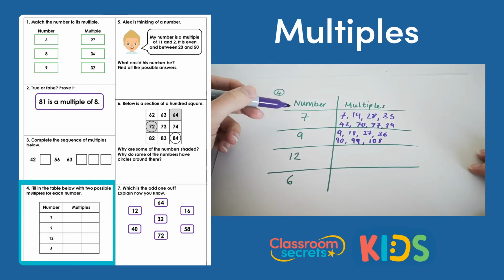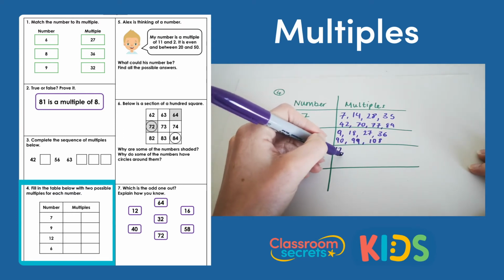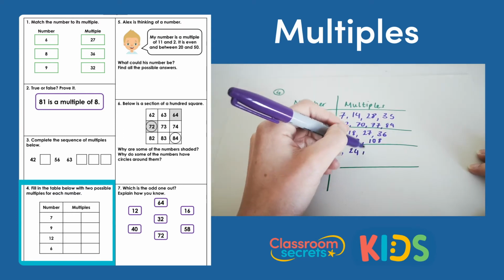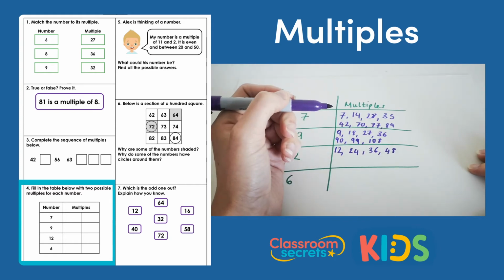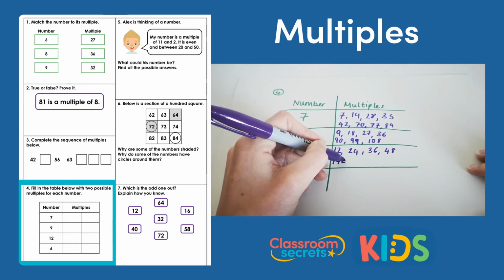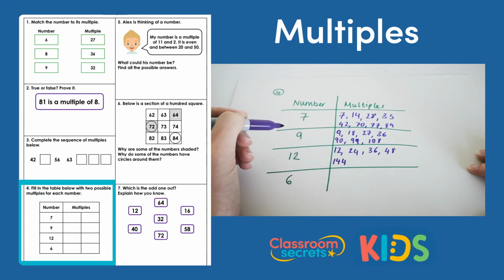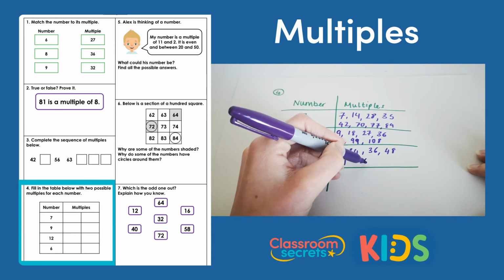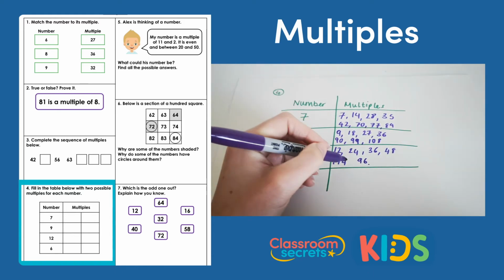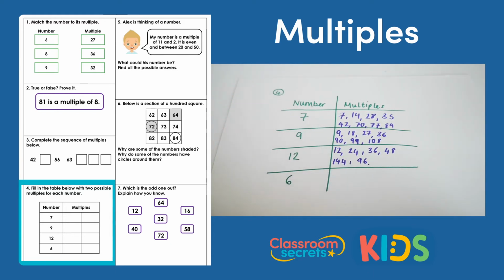For the multiples of 12, you could have 12 itself, 24, 36, 48. You could have 144. You could have 96. Again, the choice is yours as long as you choose 2 numbers from the 12 times table.